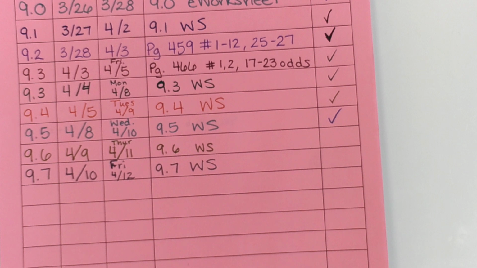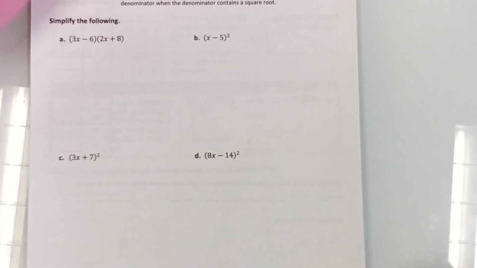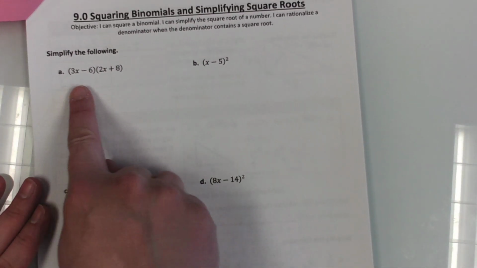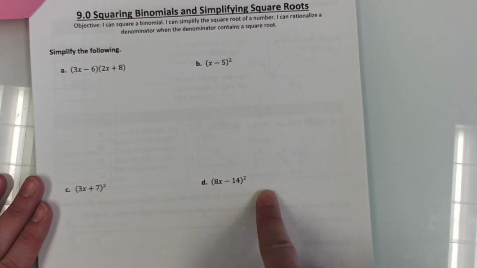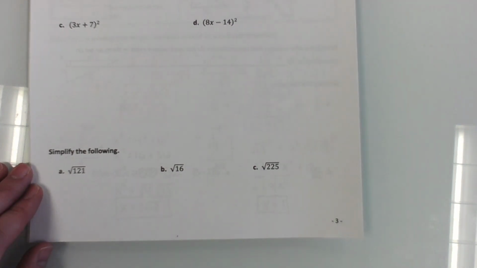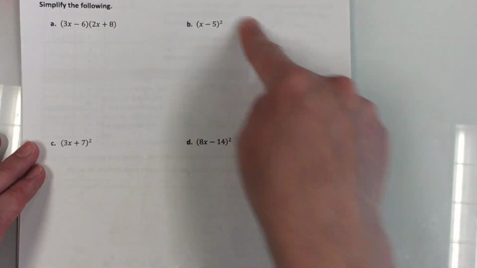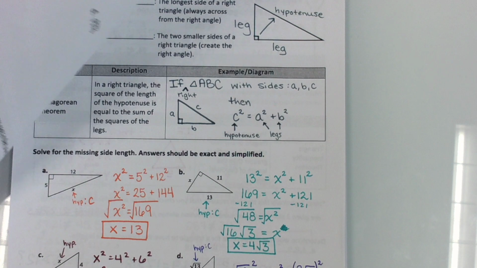Because here's the thing. This chapter, let's think about what we started with. Squaring binomials and distribution, and simplifying square roots. Yes, you should know how to distribute. That is not new. But simplifying square roots isn't on the test.